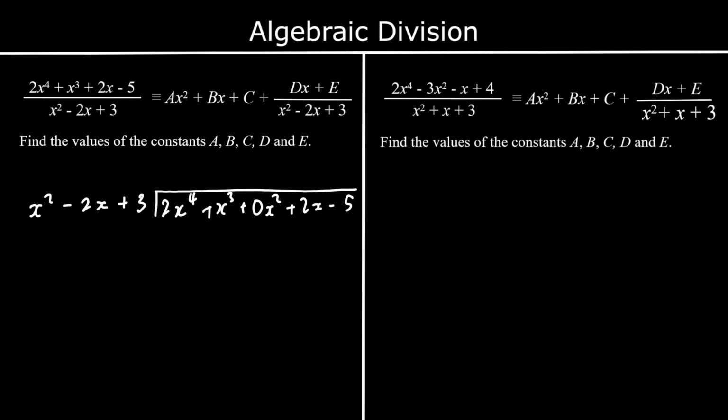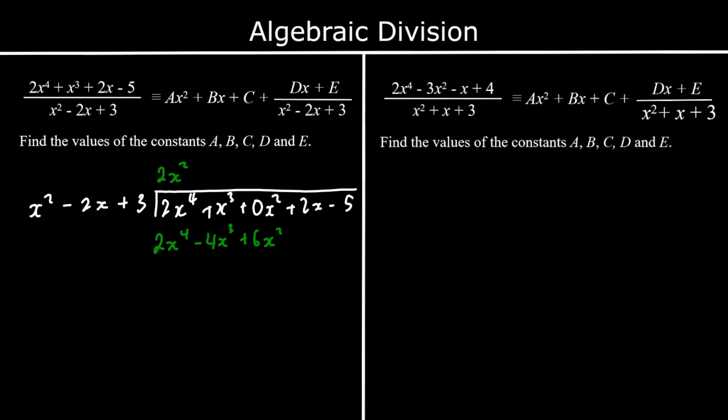We have to have all of the terms. 2x to the power 4 over x squared is 2x squared times by 2x squared. So 2x squared times x squared is 2x to the power 4. 2x squared times negative 2x is going to be negative 4x cubed. 2x squared times 3 will be 6x squared.